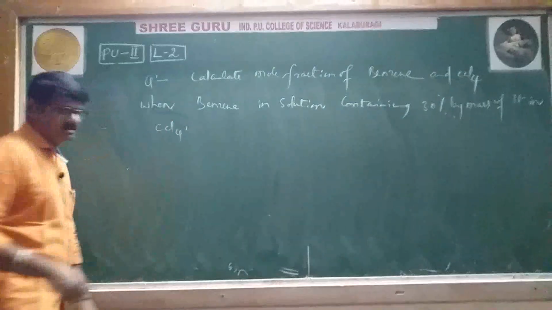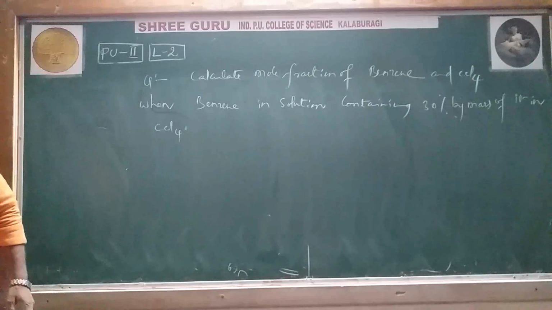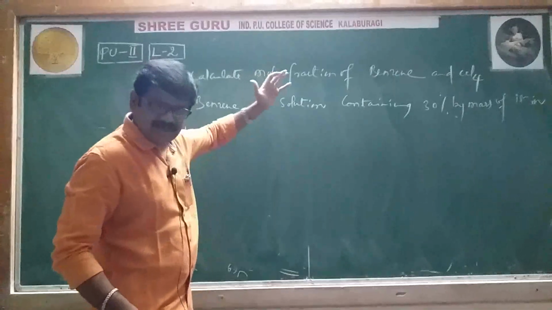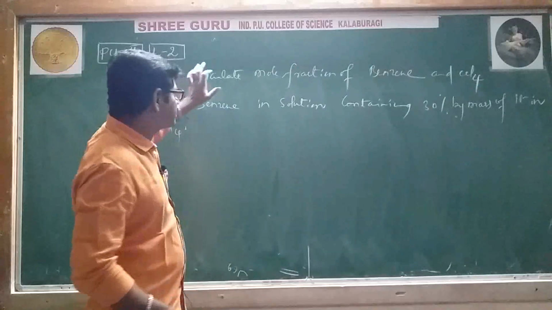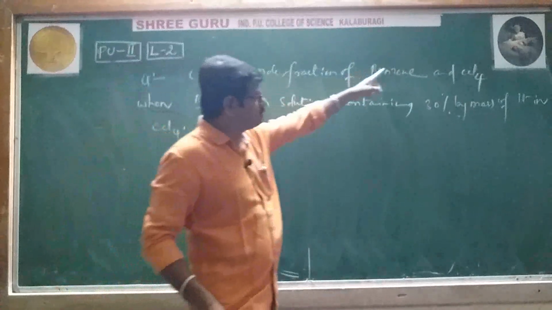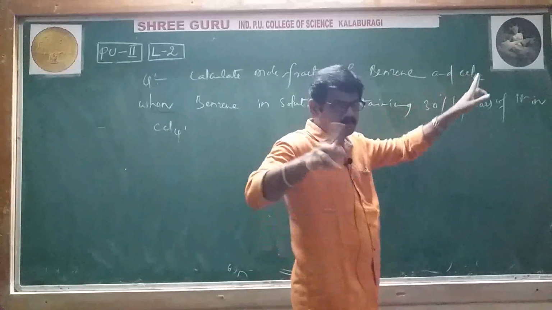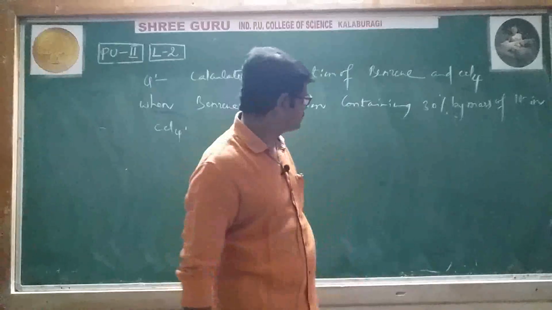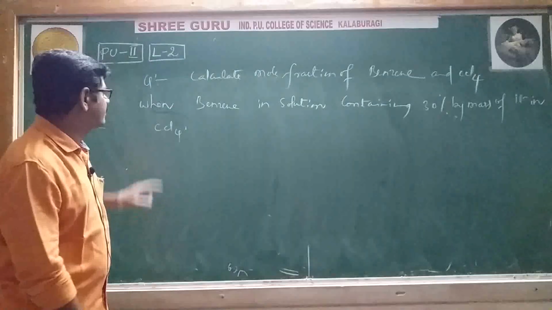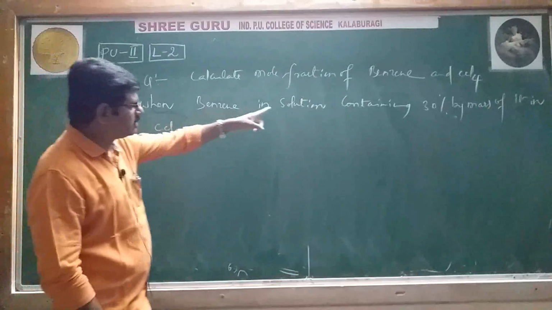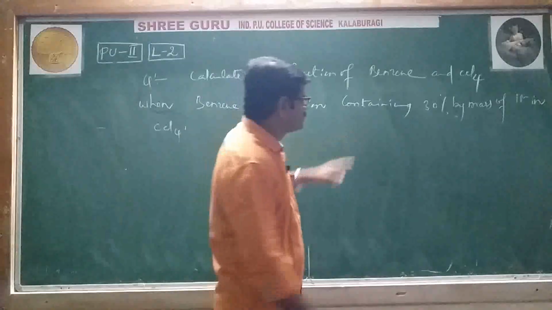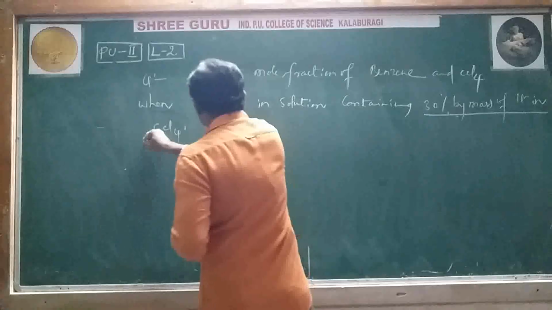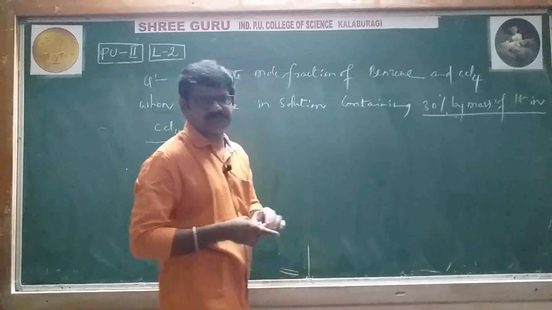This is the question. First, I will try to understand the question clearly. Understanding the data is very important. Calculate the mole fraction of benzene and carbon tetrachloride. Both components' mole fractions, of course, he is asking, right? And what data has he given? When benzene is in a solution containing 30% by mass of it in CCl4.